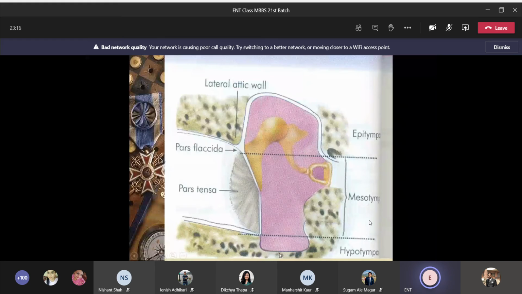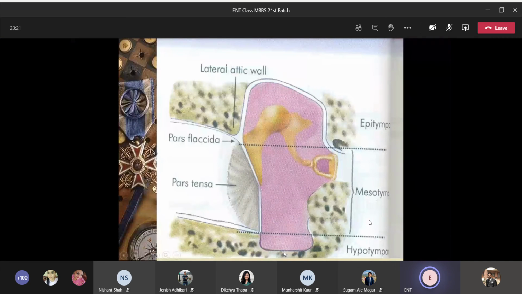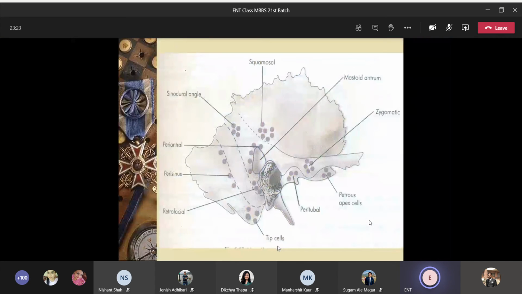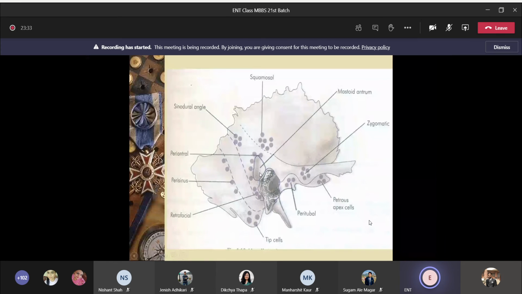Now coming to the mastoid air cell system, see there are different air cell systems. This is the main mastoid antrum. This is the aditus. The mastoid antrum is the largest of the mastoid air cells. And other cells are squamous cells in the squamous part of the bone, and the sinodural angle.